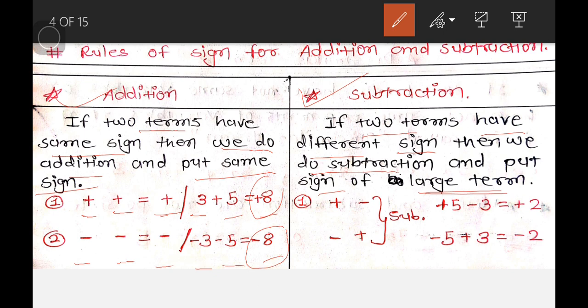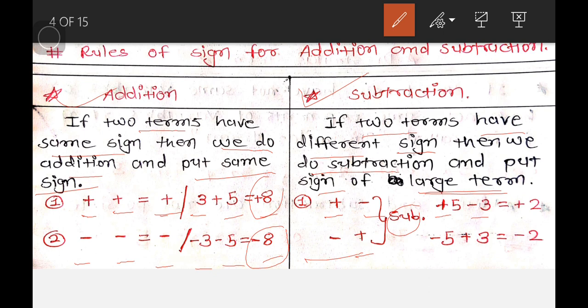If one has negative and the other positive, if one term has positive sign and the other one has negative sign, or one has negative sign and the other one has positive sign, then we do subtraction. Here given one example, plus 5 minus 3. The 5 has positive sign and 3 has a negative sign.